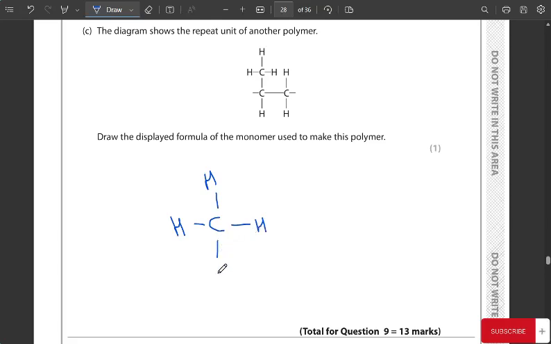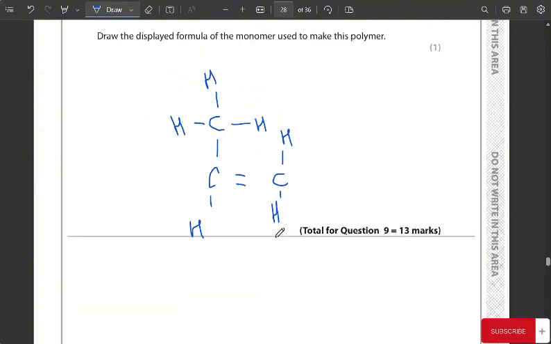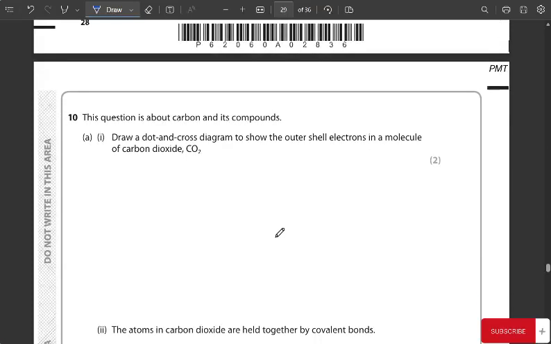In monomers, there is a double bond. Okay, and this is the display formula.